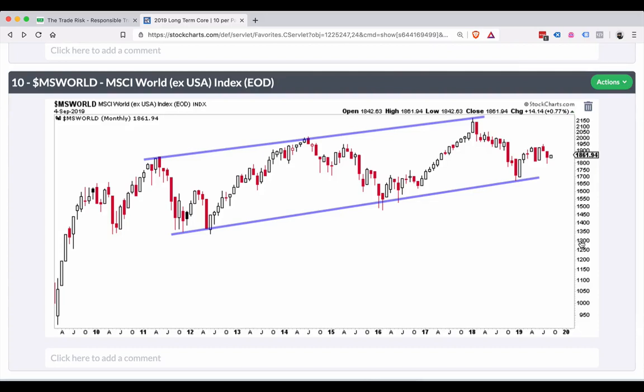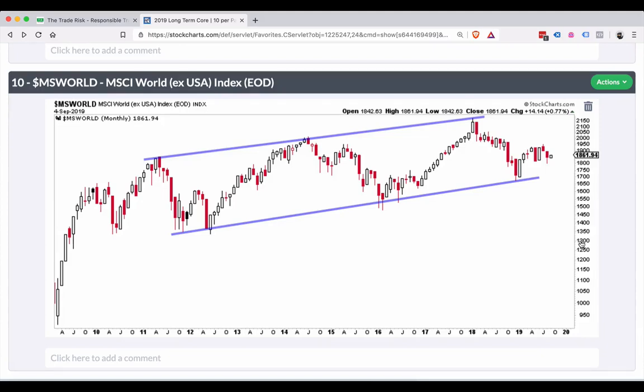Now, when we get down to the world market, the MSWORLD index is what we're looking at, and this is basically the world minus the United States. So this is looking at the world equity markets minus the U.S. You can see this definitely is not as rosy of a picture as the S&P, the Nasdaq, or the Dow Jones. This is still hanging out at the bottom end of this channel that it's been in since 2011.